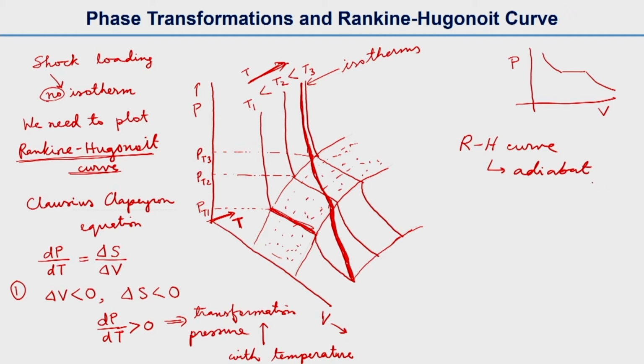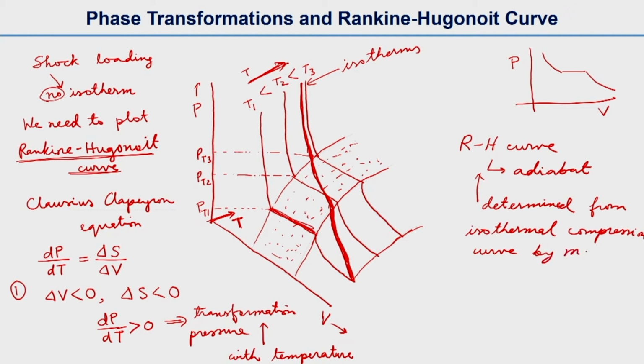Adiabat represents an adiabatic process, and this curve can be determined from the isothermal compression curve by means of the Grüneisen equation that we have already found in an earlier lecture.